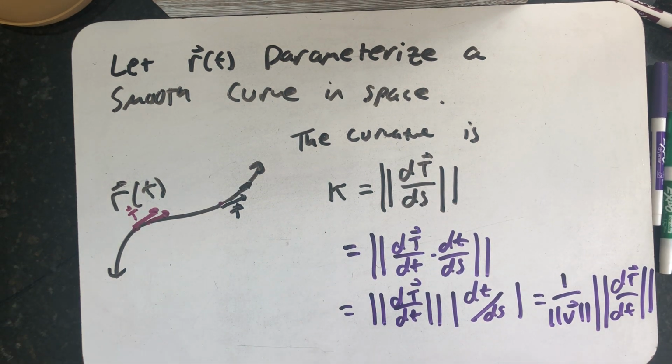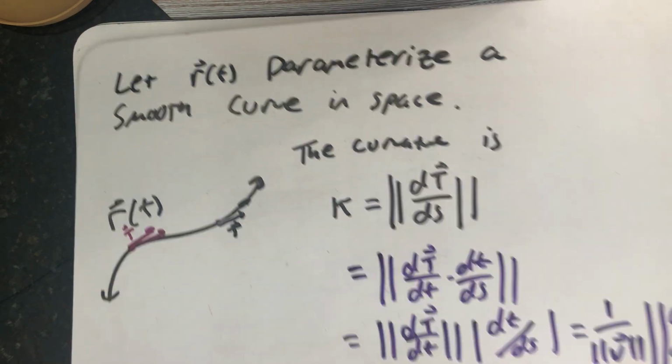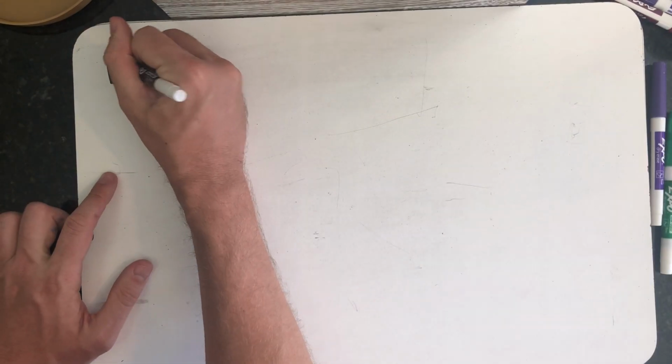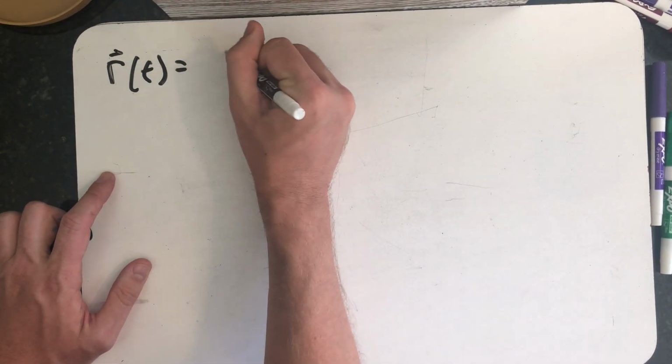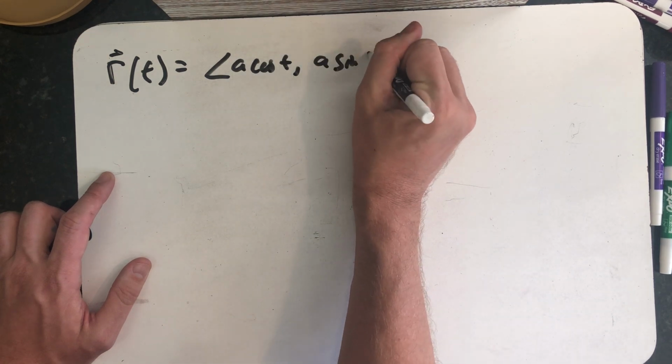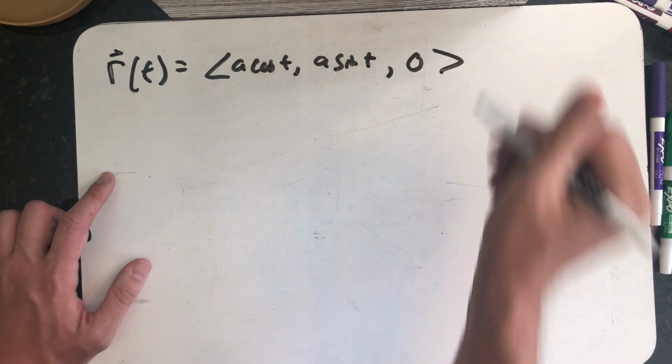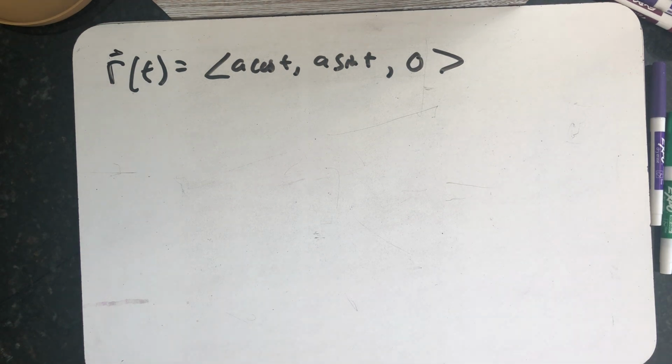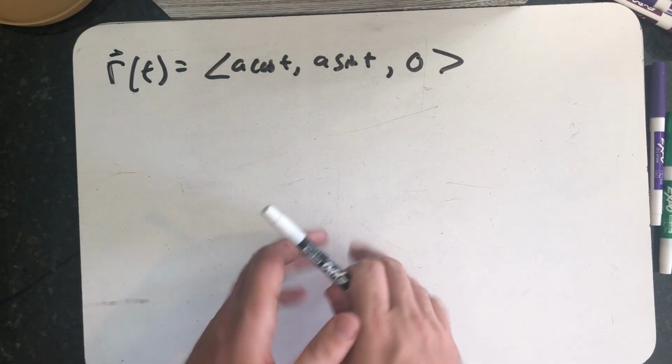So let's take a look at a circle. So if I have a circle, r of t equals a cosine t, comma a sine t. I'm thinking space curve here, but I'm just going to let z be 0. So I'm in the xy plane. And I could actually just omit that.